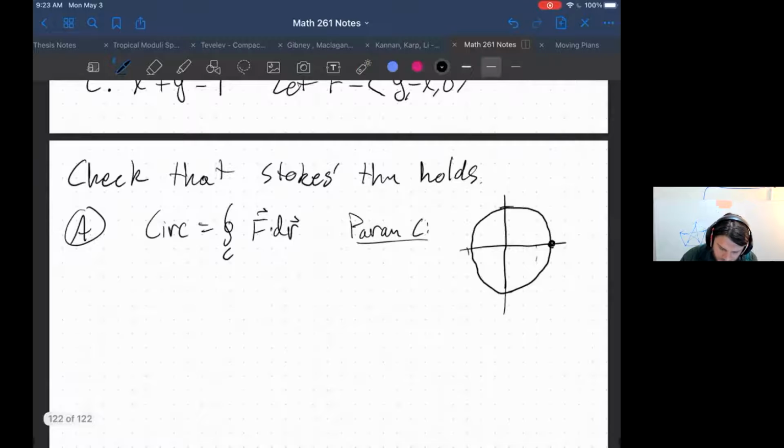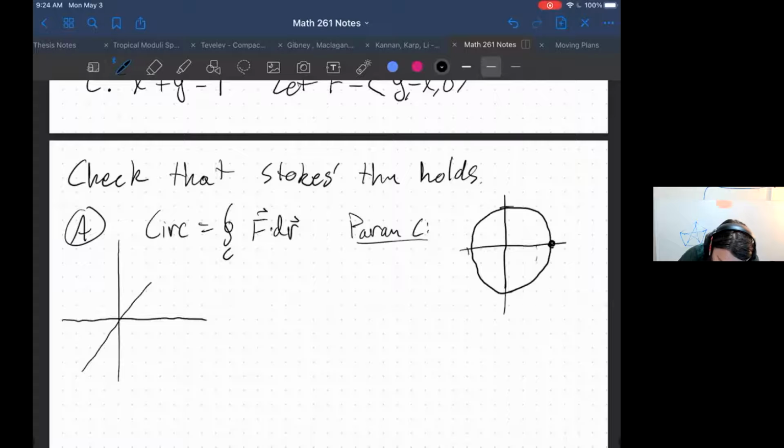Let's draw out the whole three-dimensional picture just to get an idea of that too. Right, so this is a sphere of radius 3 cut off at the xy plane.